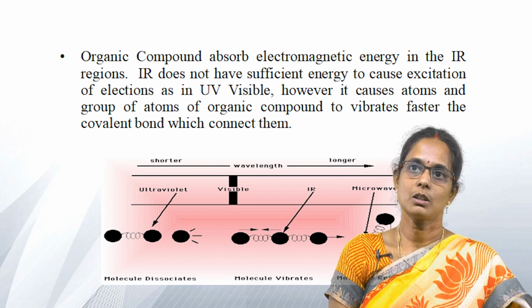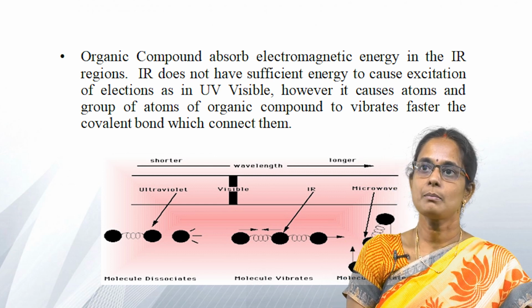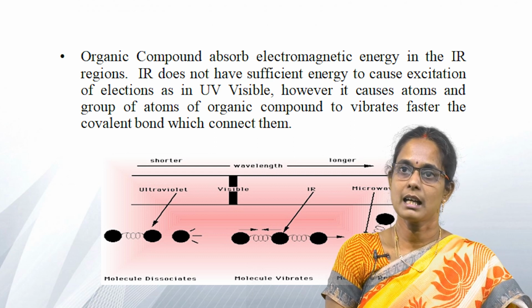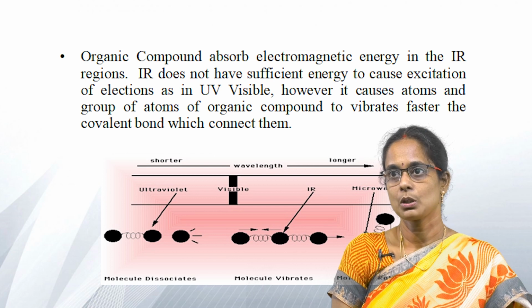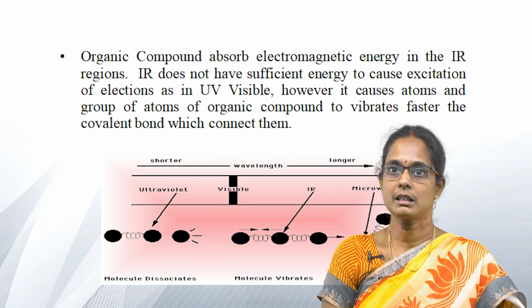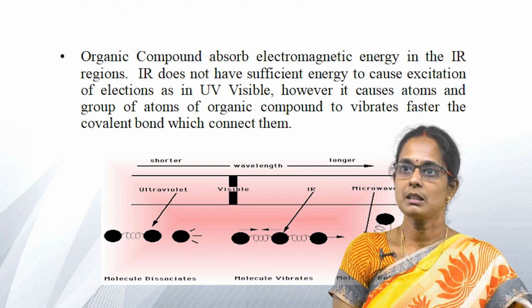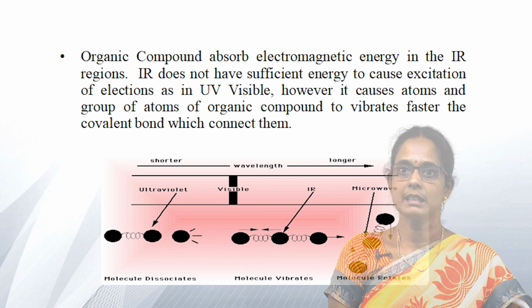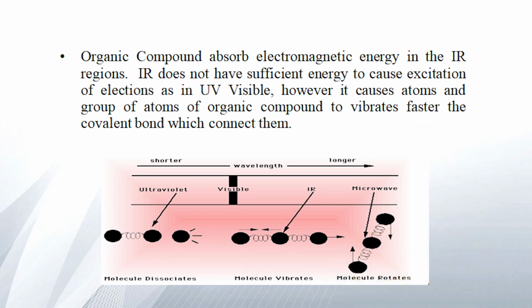Organic compounds absorb electromagnetic radiation in the IR region, which does not have sufficient energy to cause the excitation of electrons as in the UV visible region. In the UV region, the molecules dissociate. In the visible region, no dissociation takes place. But in the IR region, the molecules vibrate.